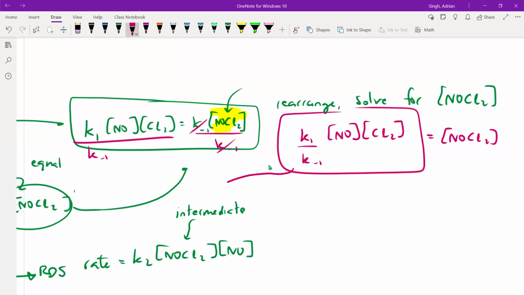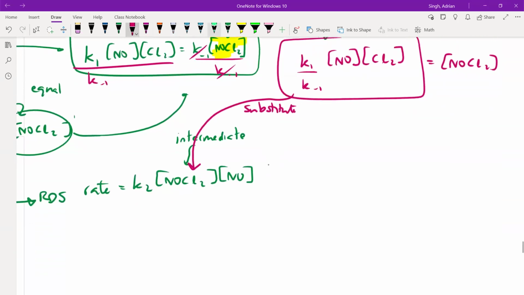I can take this and substitute it now into my rate expression for the rate determining step. I'm going to try to keep my colors consistent. So now the rate is equal to K2, and I'm substituting everything in purple in here.